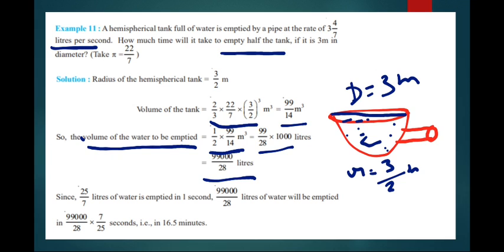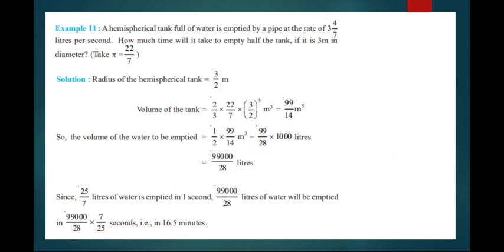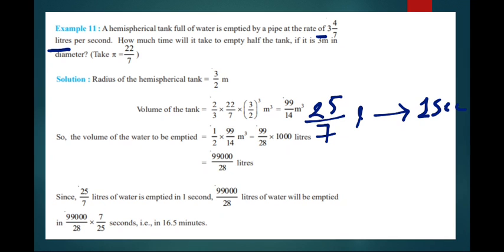Now in the question it is given that the pipe empties this much liter of water per second, or you can say 25 by 7 liter emptied in 1 second. You can use the simple unitary method.